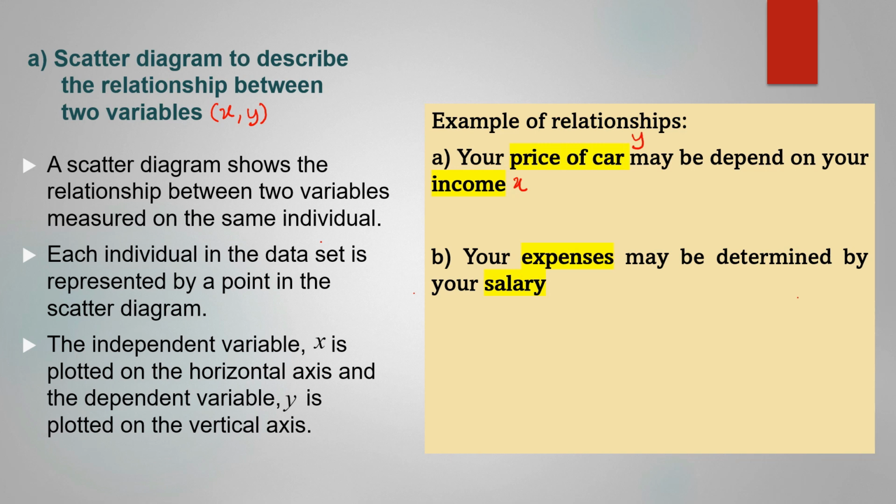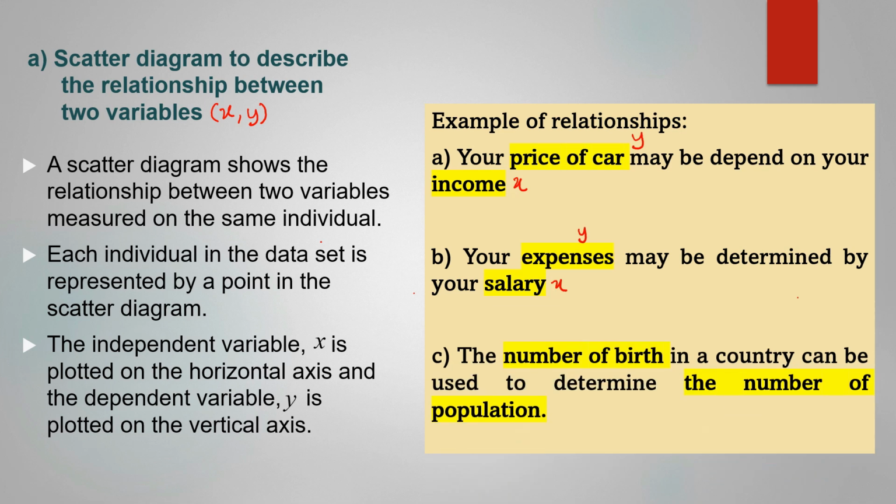The expenses will be your y variable, whereas your salary will be your x variable. Thirdly, the number of births in a country can be used to determine the number of population. From here, you can see that the number of births may affect the number of population, which means that the number of births will be our x variable and the number of population will be our y variable.